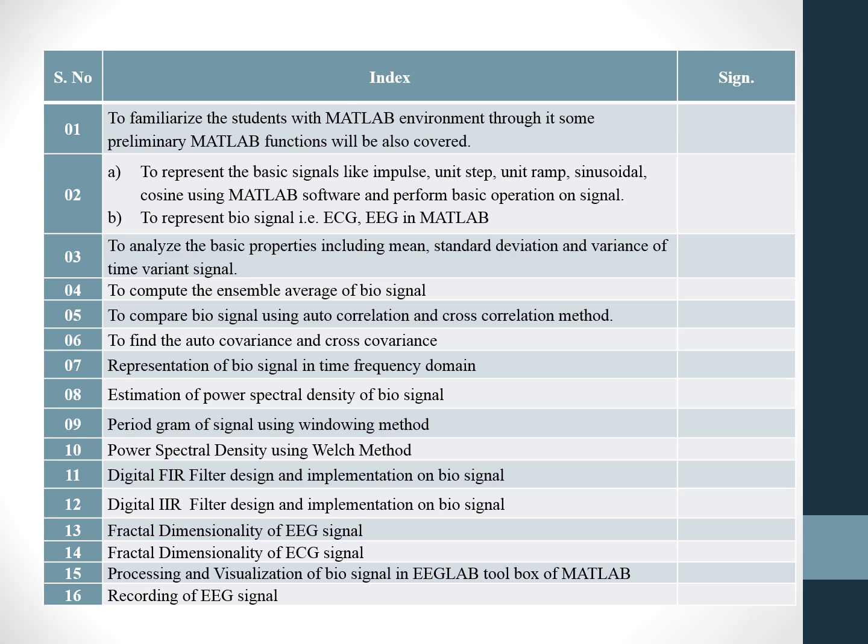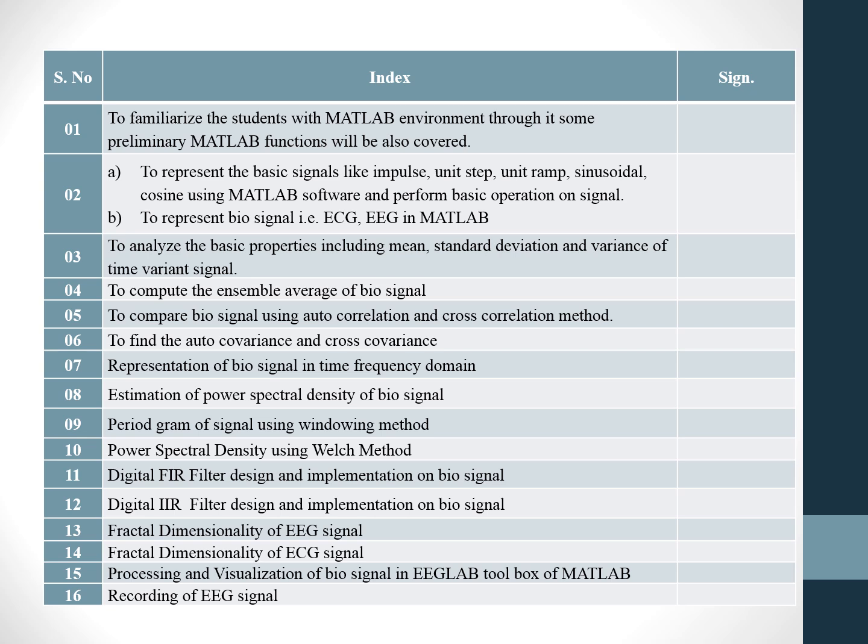Now this is the list of experiments of biosignal processing course. The first three practicals have been covered physically. We have covered the first practical, that is to introduce or revise the MATLAB environment to the students. In the second practical, we have represented biosignals.